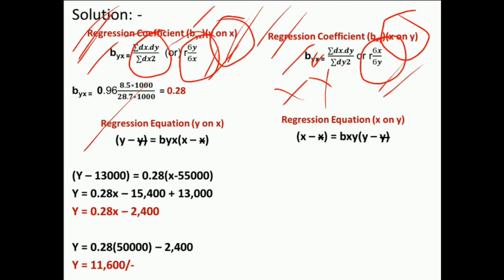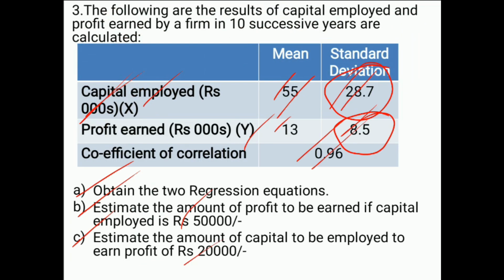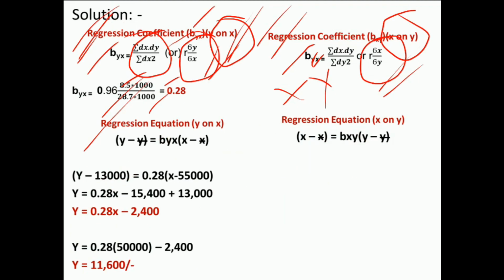Standard deviation of x is 28.7 and standard deviation of y is 8.5, multiplied by thousands, because it is given in the question as rupees in thousands. The coefficient of correlation is 0.96, which is represented by r. Finally you will get an answer of 0.28.